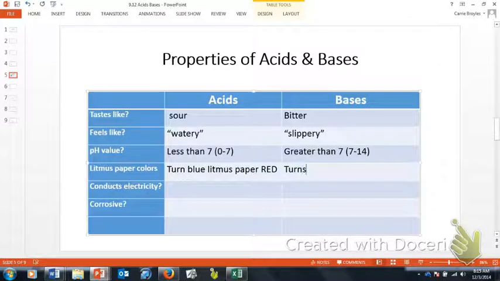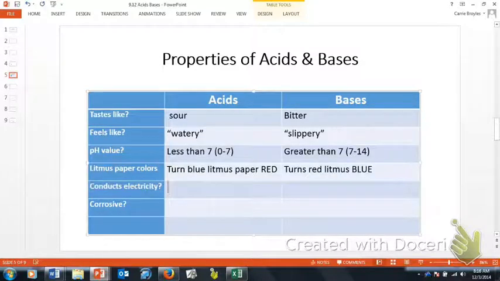It will turn red litmus blue. So remember, if it turns blue, not if it stays blue, but if it turns blue, then you have a base. And both of those words start with a B, so hopefully that will be an easy way to remember. Litmus paper that turns blue is a base. And I also forgot to mention that the word bitter starts with the letter B, and that's another way to remember that bases will also taste bitter. So, sorry, I'm going back to that now.